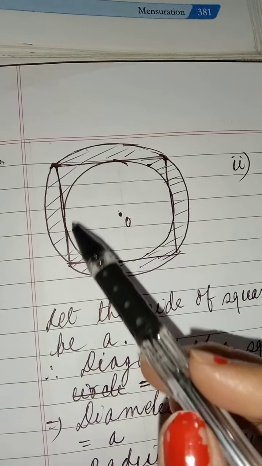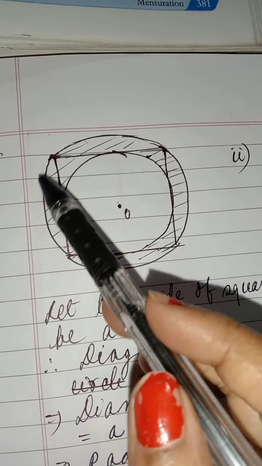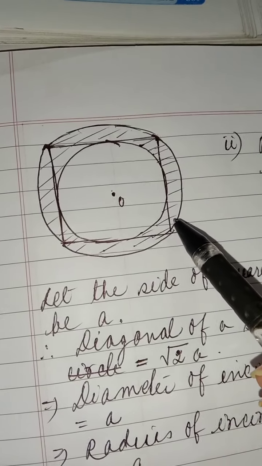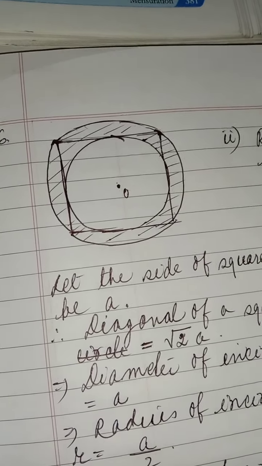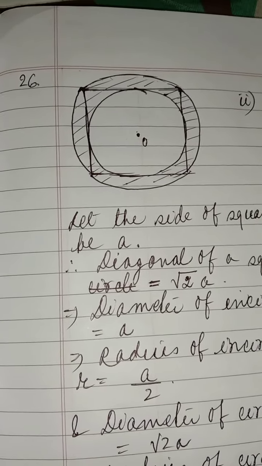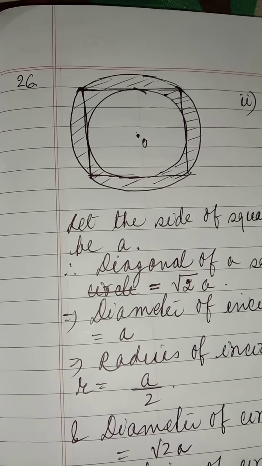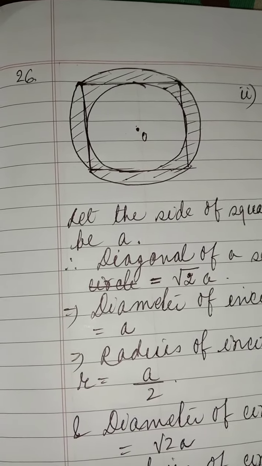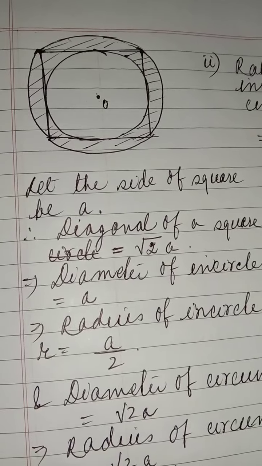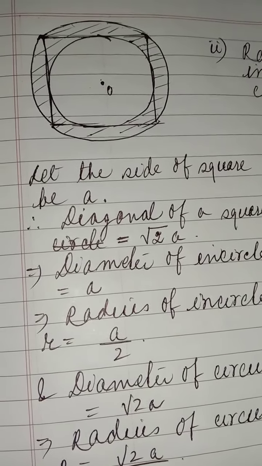The circle which is inside the square is known as the incircle, and the circle which is outside the square, passing through the vertices of the square, is known as the circumcircle. In the first part you have to find the ratio between the circumferences, and in the second part the ratio between the areas of the incircle and the circumcircle. That means first the incircle's circumference to the circumcircle's circumference.